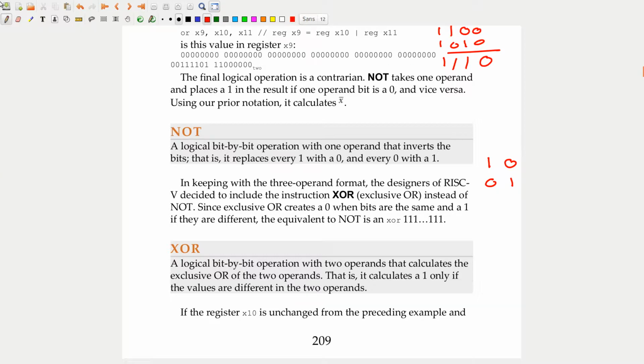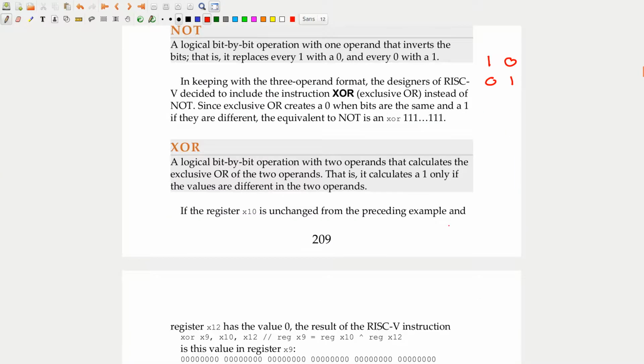Then if we move down again to XOR, we can think of it as determining if there's an odd amount of 1s. So it's an exclusive OR. If we have something like 1 and 1, this is not exclusive, so it's 0.